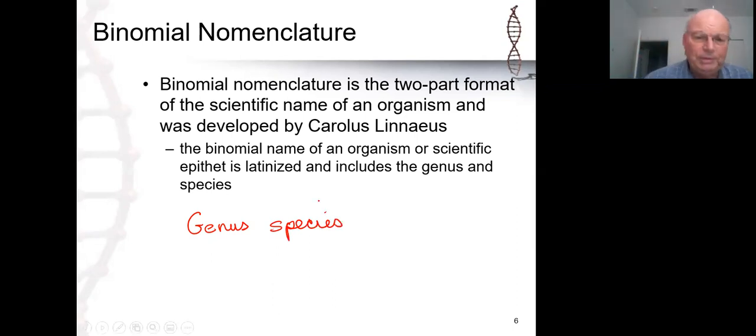Genus is always capitalized, and species is always all lowercase. If I was able to, I would write this in italics, because the two names are either written in italics, which is the more formal way of doing it, or if you're unable to do it in italics, you underline it.